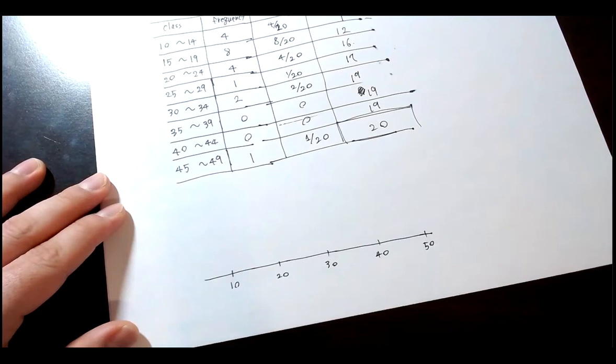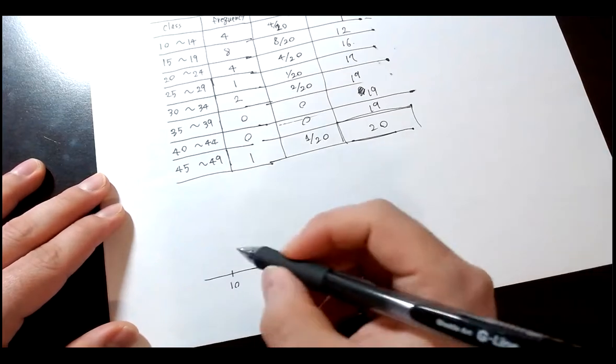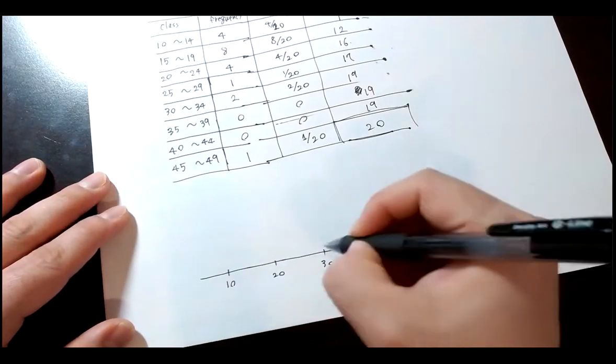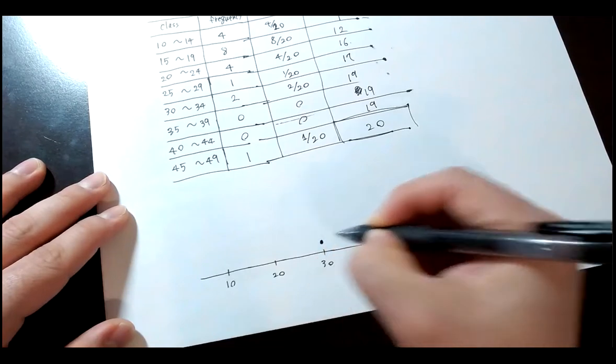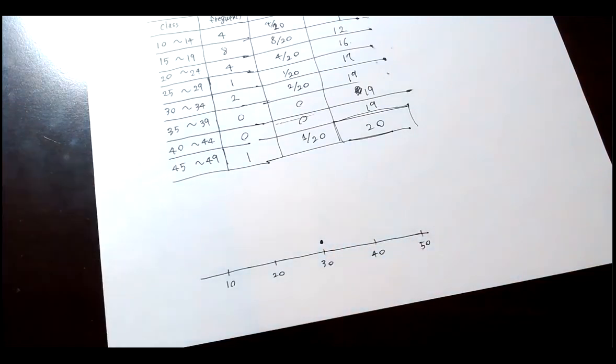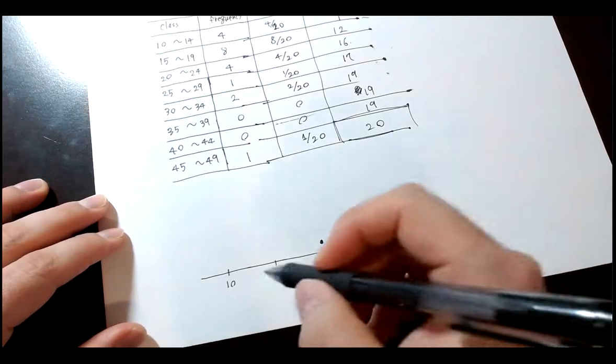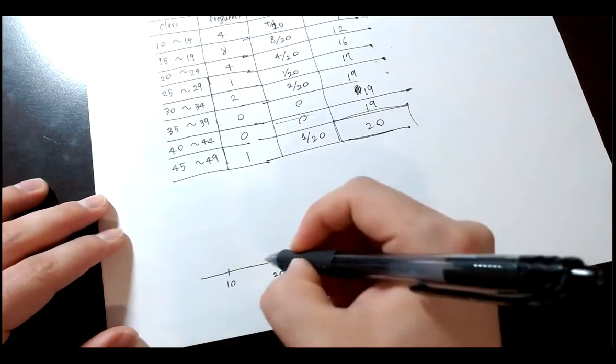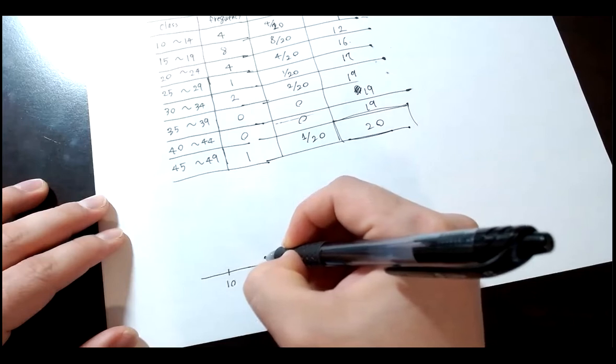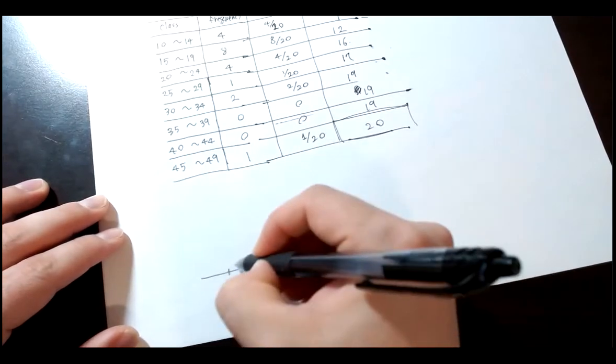Okay. So now let's see the data. The first one we see is 30 right here. For each data value, we plot the dot corresponding to it. Okay, so we got 30, and then the next data is 19. 19 is right here. 19, and then 12.